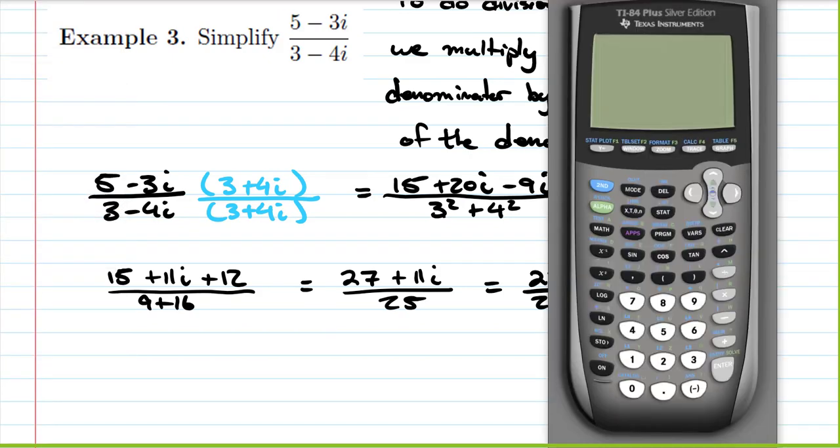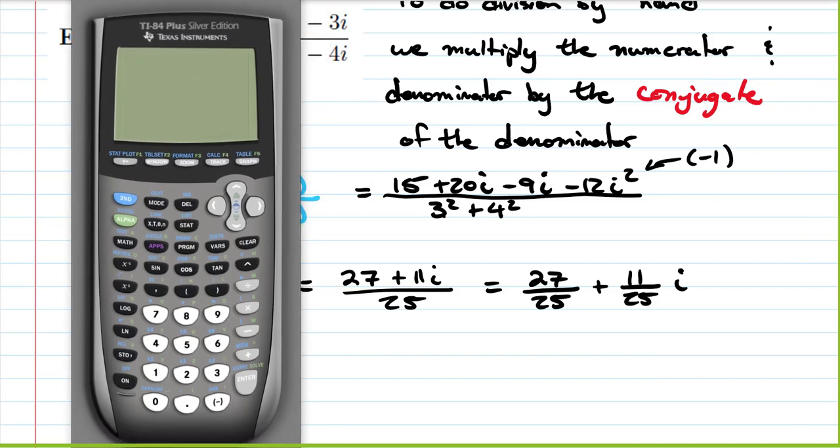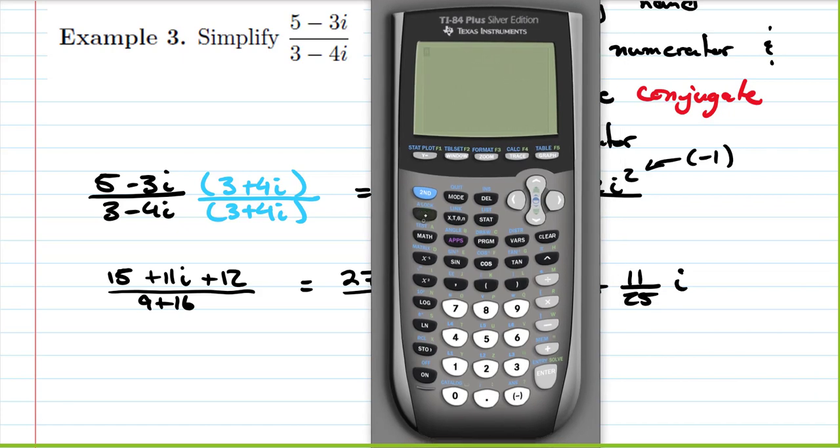So I want everyone to grab their graphing device. Let's go ahead and do this. So we grab our fraction by going alpha y equals. I am not in the right place. Alpha y equals, and we type it in, 5 minus 3i over 3 minus 4i.